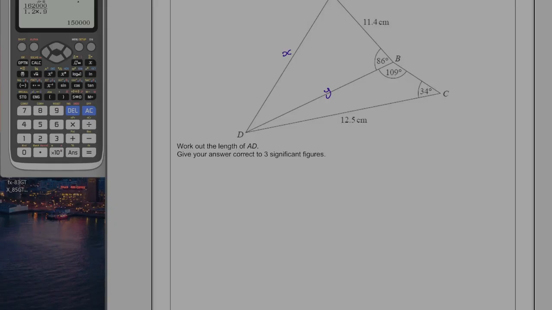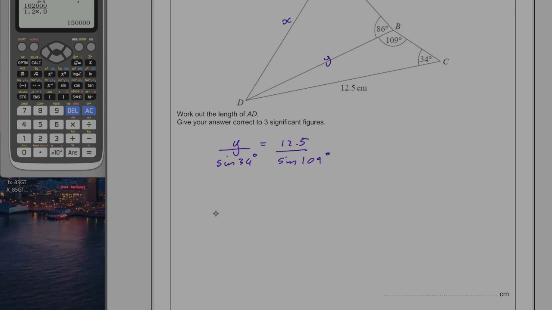So I'm going to start by saying that y over sine 34 is going to be equal to 12.5 over sine of 109. Right, I'm going to go a bit further before I bring up my calculator. I'm going to say that x squared is going to be equal to y squared plus 11.4 squared minus 2 lots of y times by 11.4 times cos of 86.